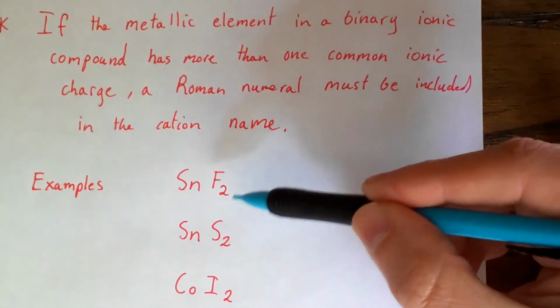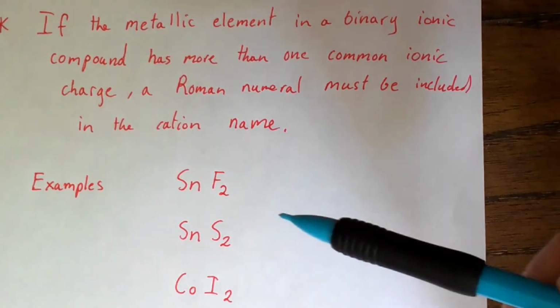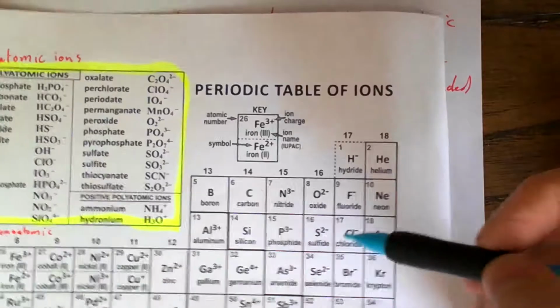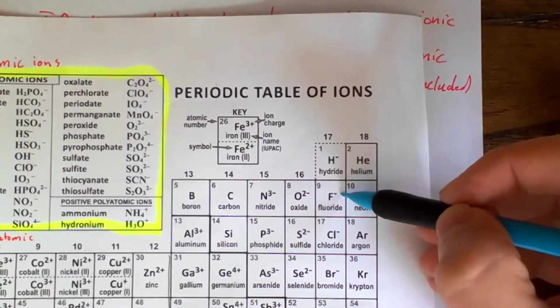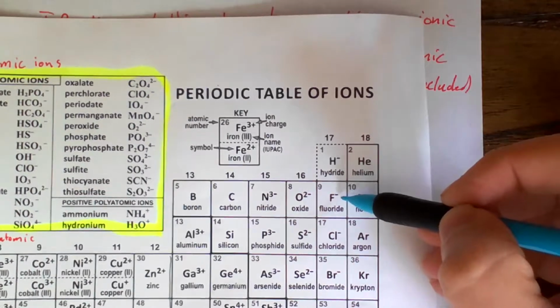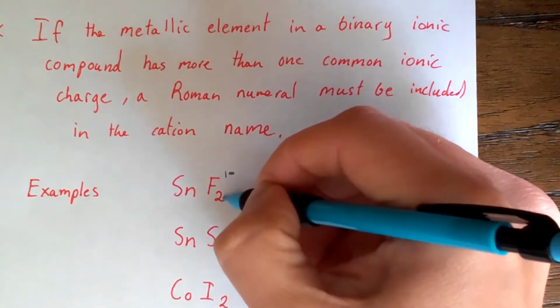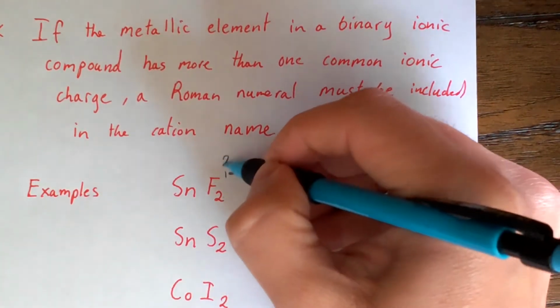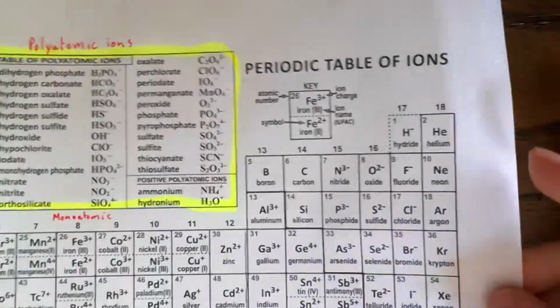I'm going to start with SnF2. We have to determine the charges, so let's look at F2 first. Fluoride, a non-metal, always has one negative charge. So we're definitely sure this is one negative charge, and we have two of them. So 2 times -1 is -2. And what's going to be the charge of Sn?